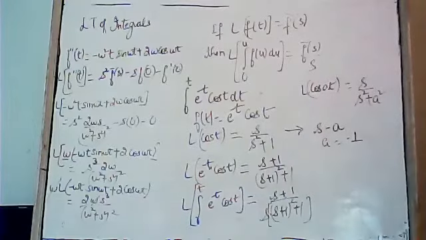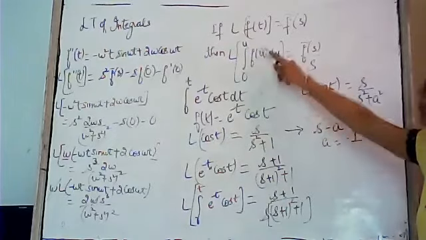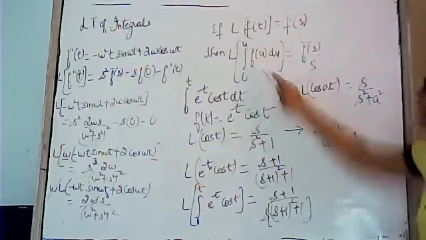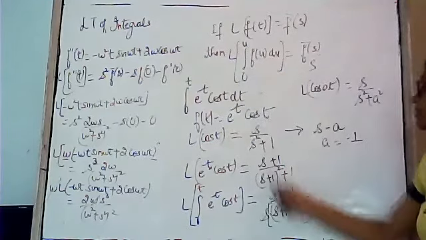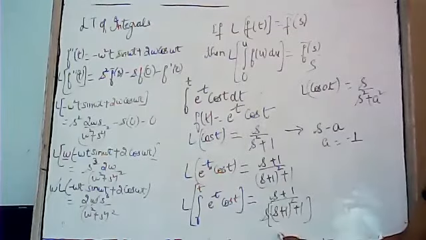That's it. So it's the required result. Is this clear, beta? Whenever you want to find the integral under Laplace, first of all, find the Laplace transformation of the function. After that, having found the result, you just have to multiply with 1 upon s or divide the function with s.